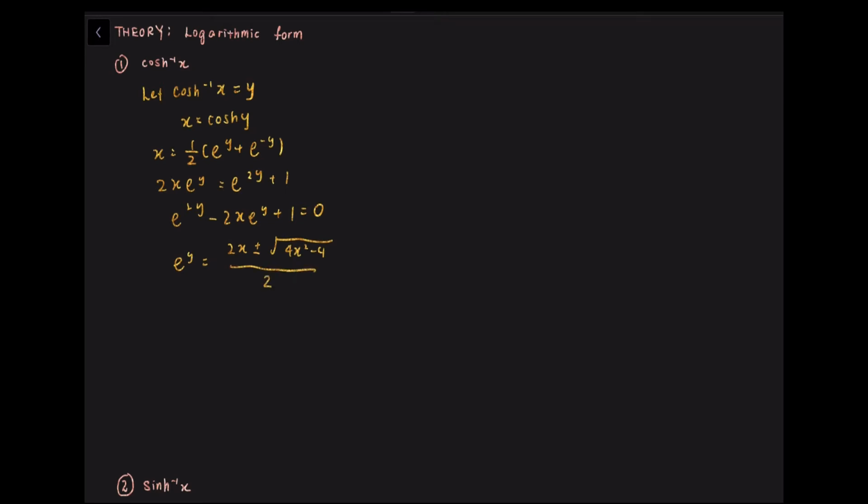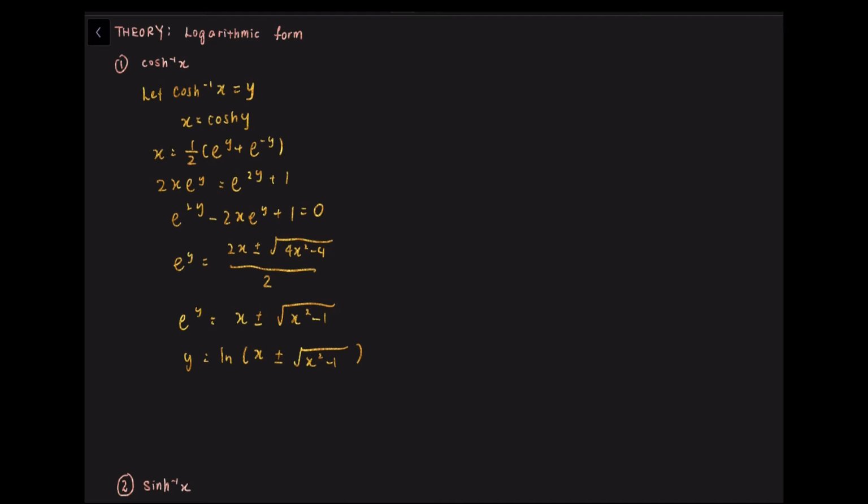And hence e to the y equals x plus or minus square root x squared minus 1. Taking the logarithms of both sides, we obtain y equals ln of x plus or minus square root x squared minus 1, where y equals inverse cosh x.